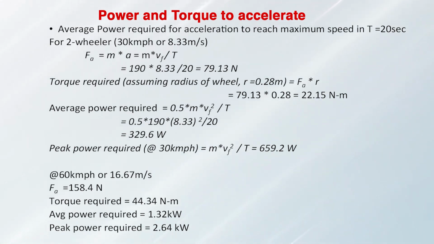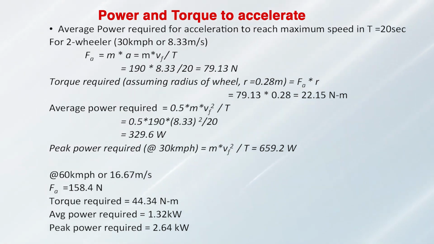But the time is the same, which is 20 seconds. Now we wanted to reach 60 kilometers per hour in 20 seconds. In that scenario, what we observe is the force is only 79 Newton. Now, you substitute; hope you calculate it by yourself, then you will have a better understanding.